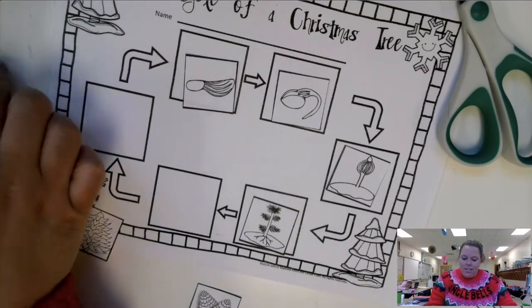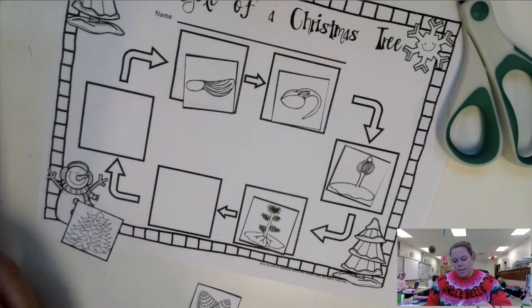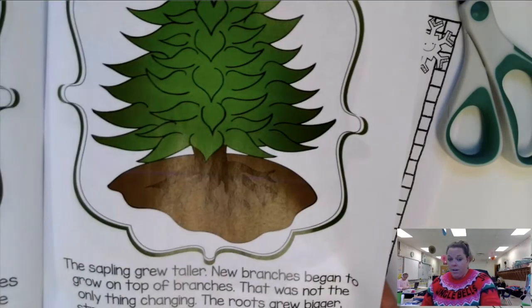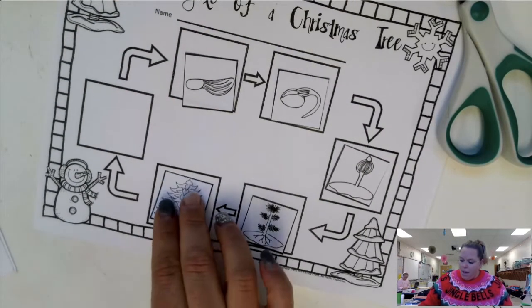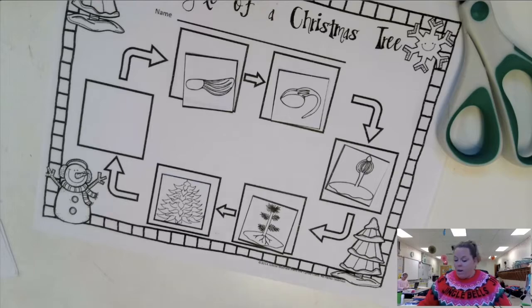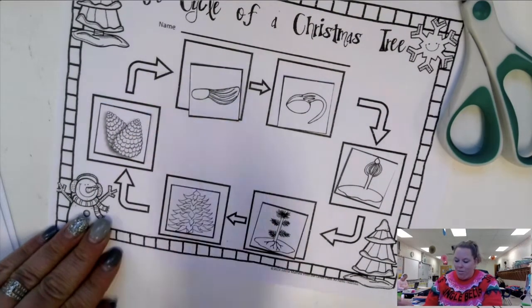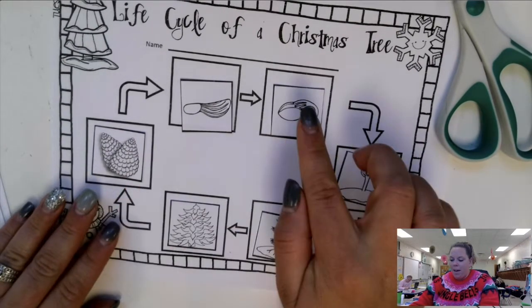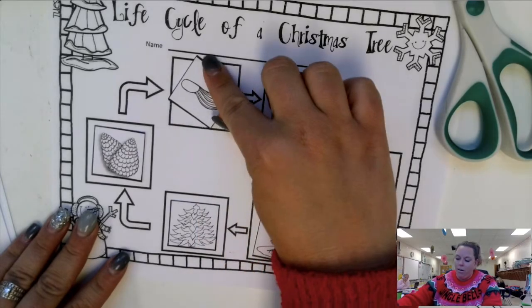Then after the sapling, it's going to grow taller and taller, and it's going to be a tree. And then that tree is going to grow what on it? Pine cones. And then from the pine cones, then that's where you get your seed. And then you're going to start over.